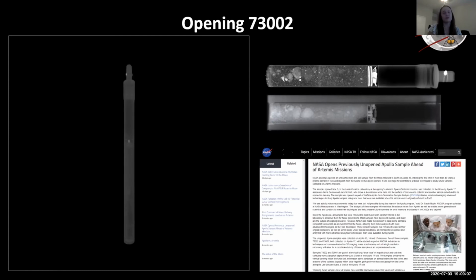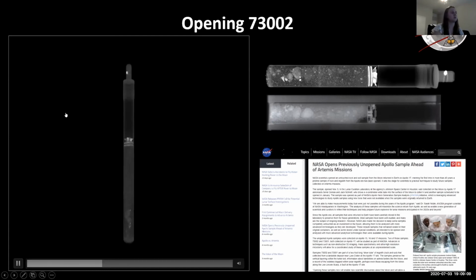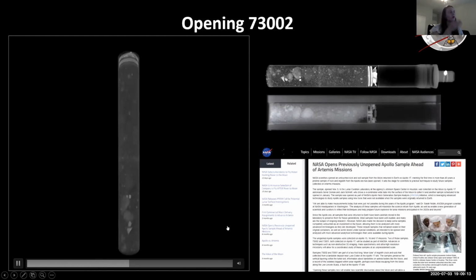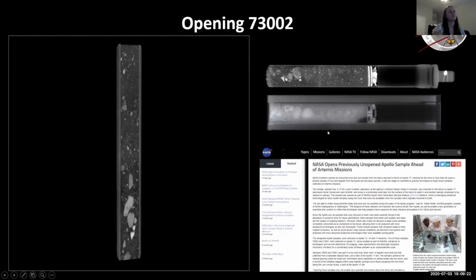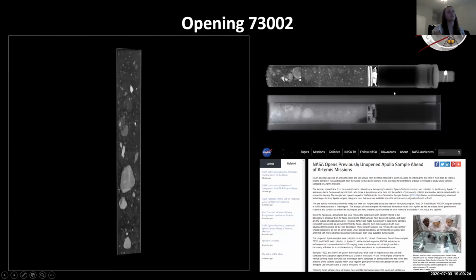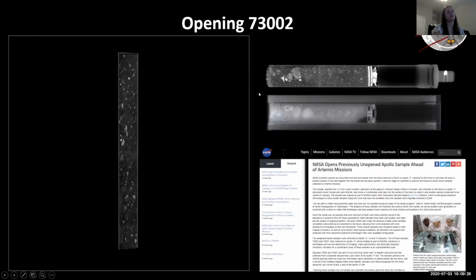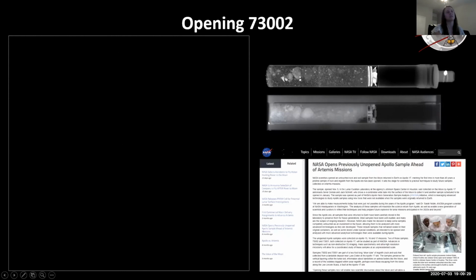It was opened last fall, and this is another micro XCT, micro X-ray computed tomography scan of the whole core of the top half. And you can see just the wealth of information in this video here. This is a comparison between what was possible last year and what was possible, I think, in the 1970s or 1980s.